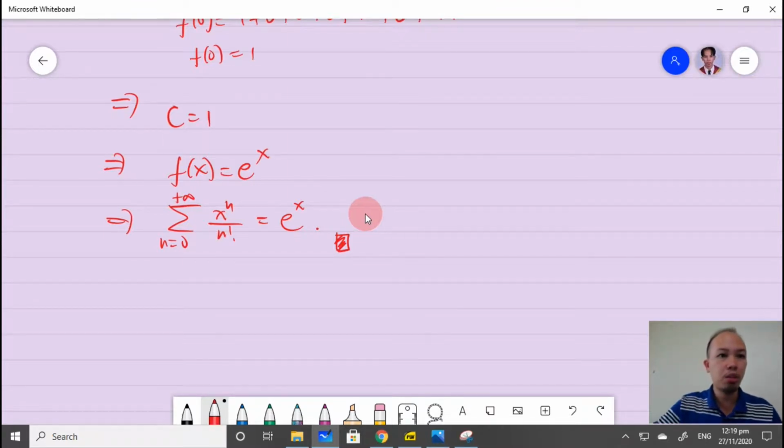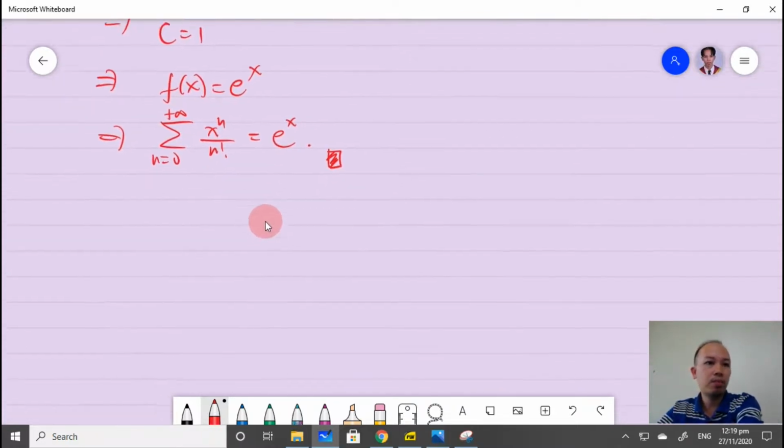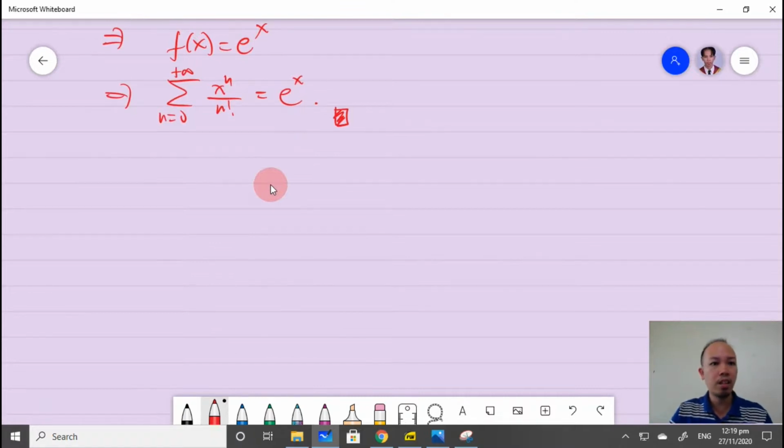So we have shown that for all x, the summation of x to the n over n factorial, where n starts from 0 to infinity, is equal to e to the x. But if we are not convinced, then use the ratio test to show that the interval of convergence is the set of real numbers. Okay, so that's it. Let's have another problem.